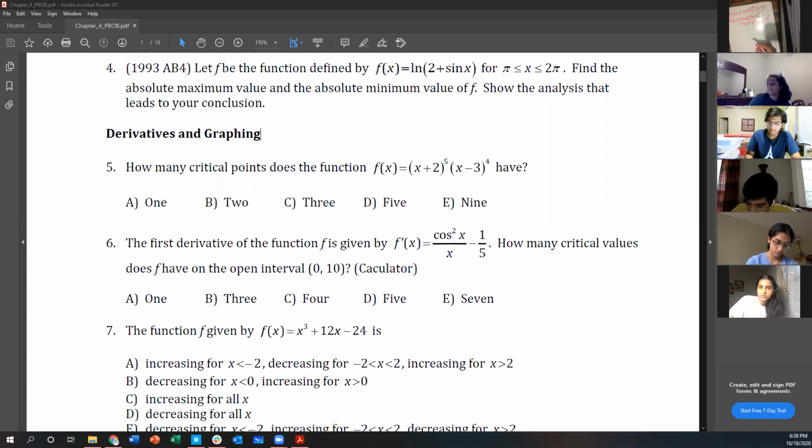We're looking for values of x where the derivative equals 0. Good. Okay, so if we set this equal to 0, what do you think is the next step we should take? Because solving this seems like a nightmare, but it's really not that bad. What do you think we can do?